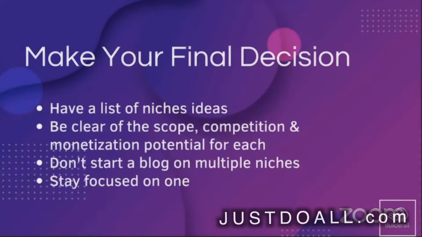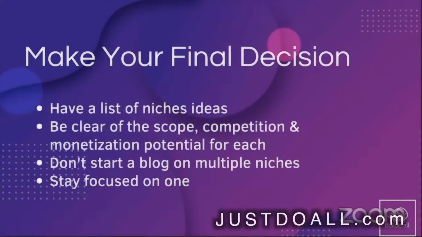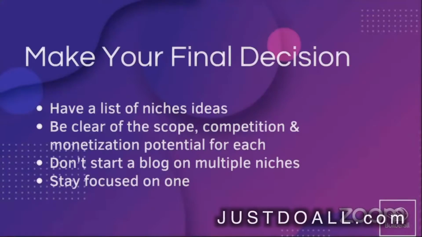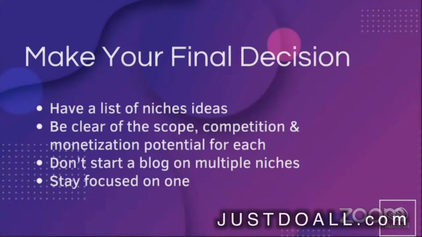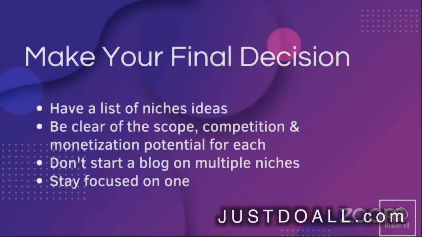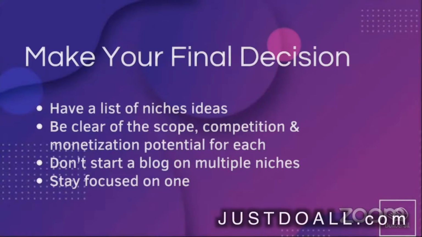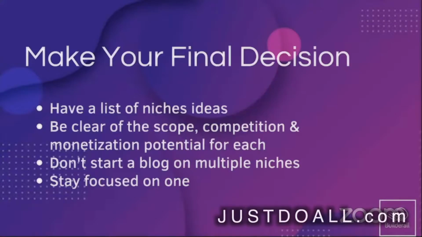Now, guys, last but not least, because we're not done, of course, we still got some more. You want to make your final decision, right? So now you've gone through all these steps, so now you should have maybe a couple ideas. I hope that you write some ideas. Don't just go straight all in into one, because you don't know what might be actually working until you actually try out and do the deep research on your niche.